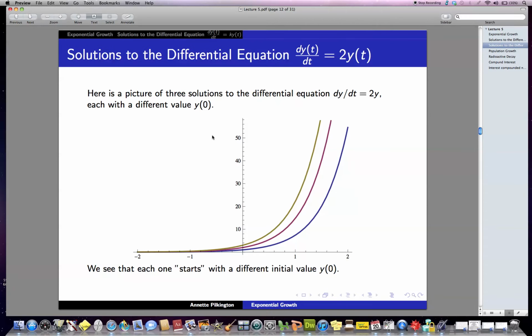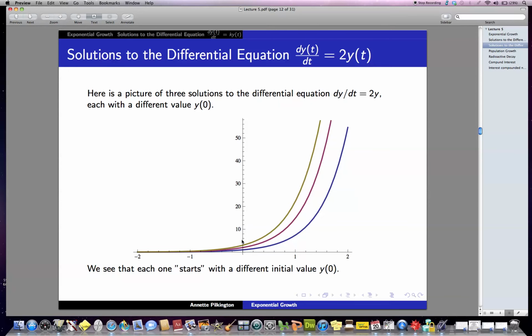Here we show a picture of 3 different solutions to the differential equation dy/dt equals 2y. We picked 3 different values for y of 0, and these are the 3 solutions which run through those particular initial points on the curve.